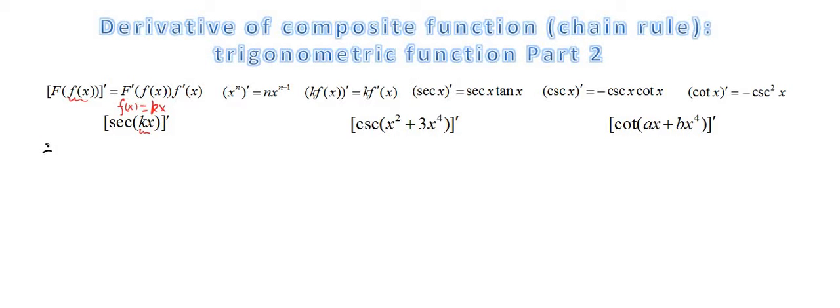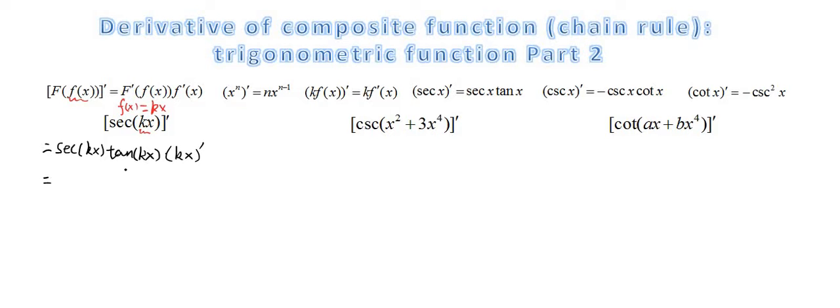We can plug in. The derivative of secant, or derivative of capital F, is secant and tangent. So we have secant f(x), kx, times tangent kx, and we plug in the derivative of f(x), so we have kx prime.